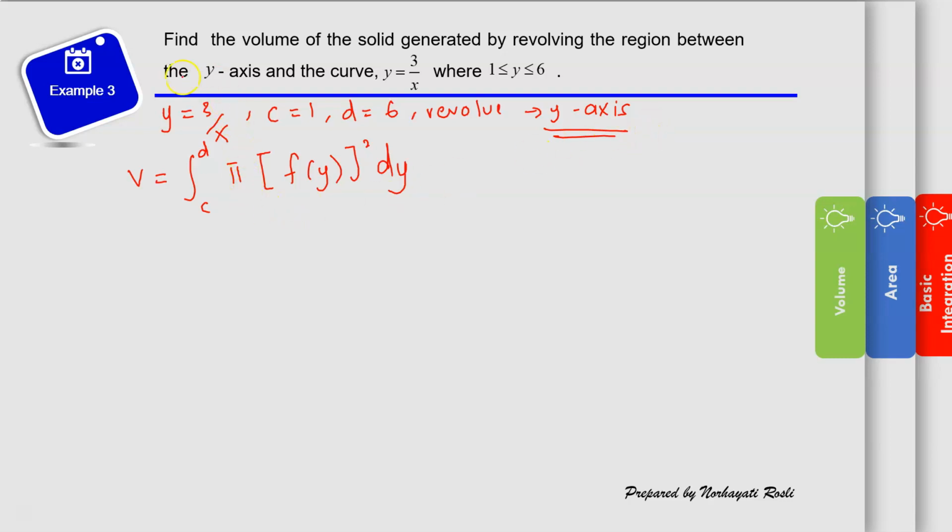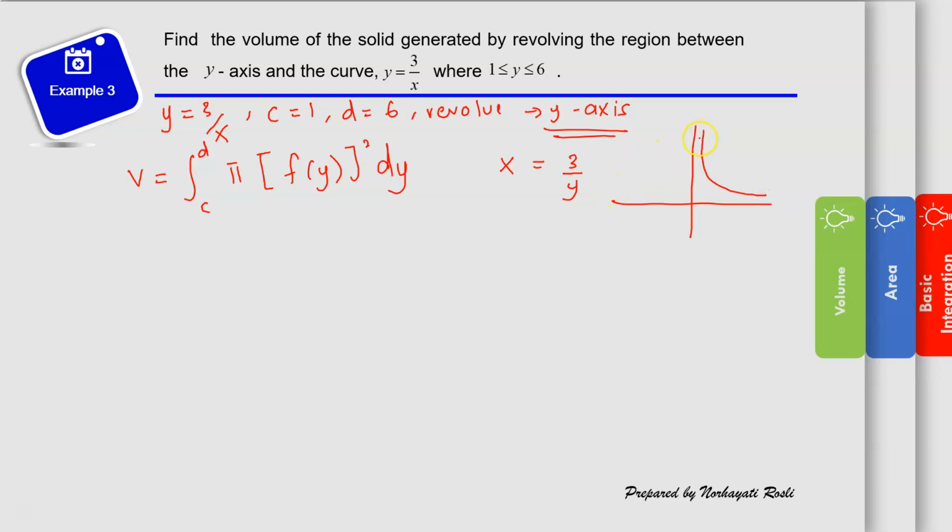Now we have this function, y equals 3 over x. How can I get f(y)? f(y) here means that you have to make x the subject. That is, we will have x equals 3 over y. Actually, when you plot this function, we'll get this kind of shape.